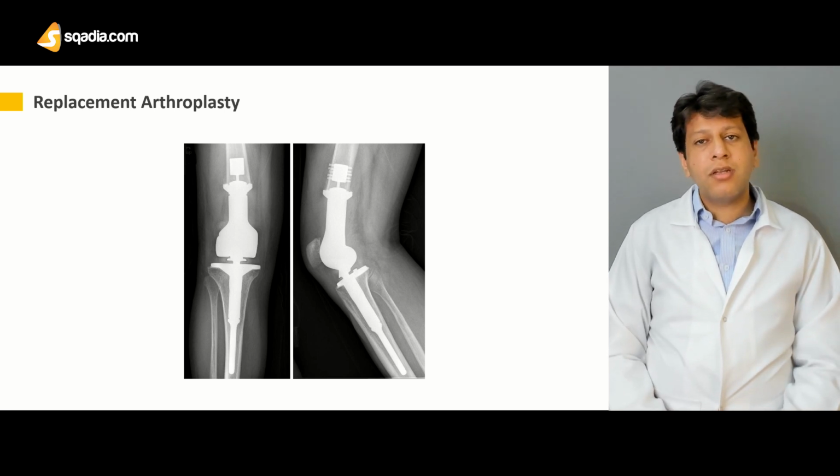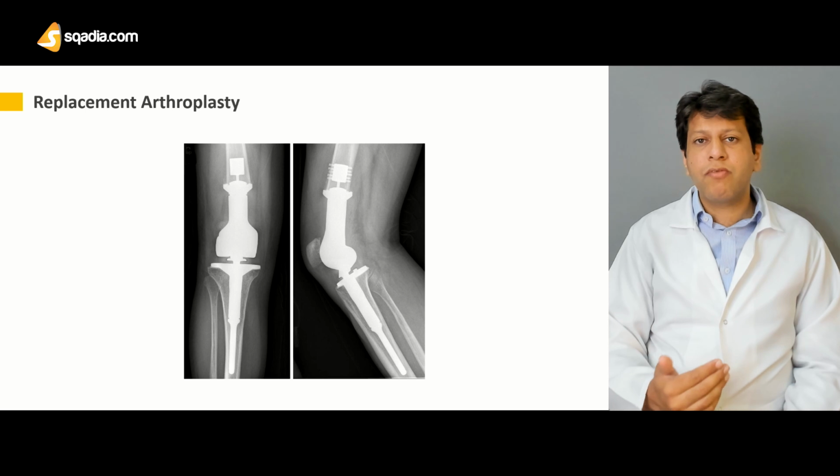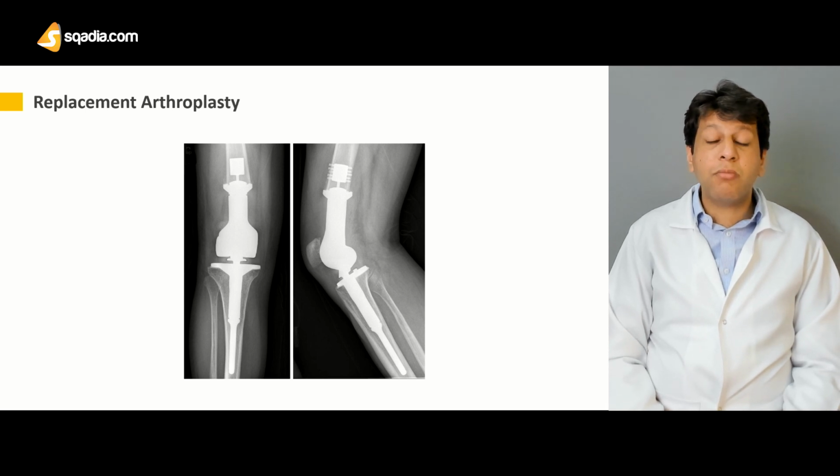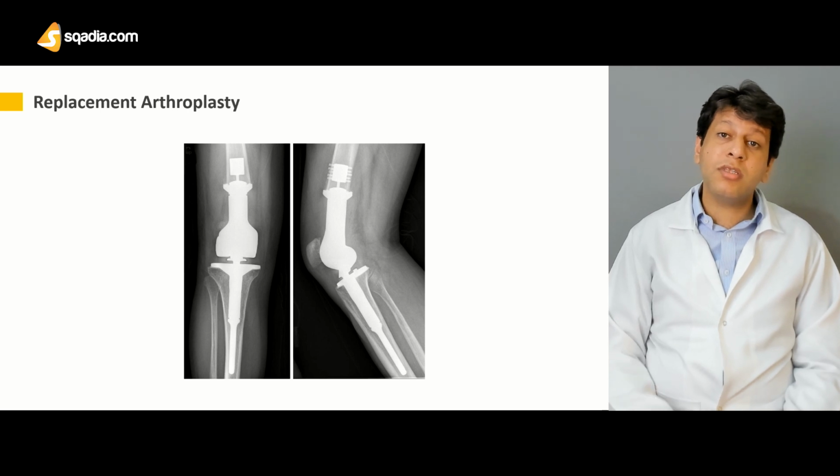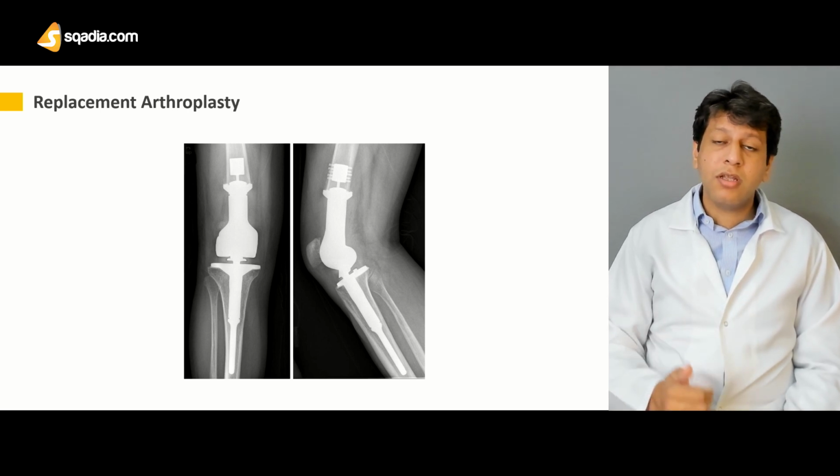Nowadays, a lot of research is being put into the PS knee, or posterior stabilized knee, or the CR knee, that is a cruciate retaining knee, in which the PCL is left intact.